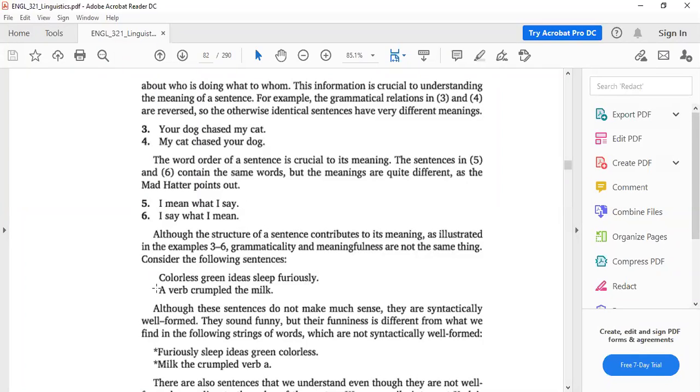Have a look at the second sentence: a verb crumpled the milk. Syntactically speaking, a determiner, then a subject, then a verb crumpled, then the milk object. So these sentences do not make sense, but they are syntactically fine.